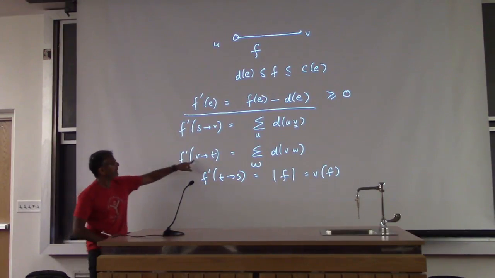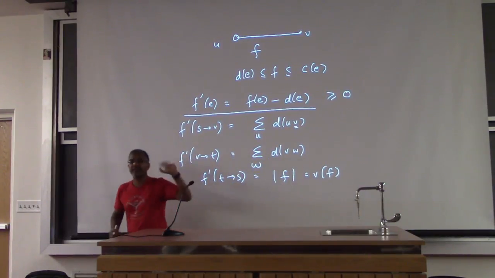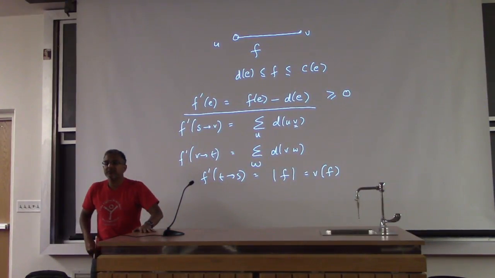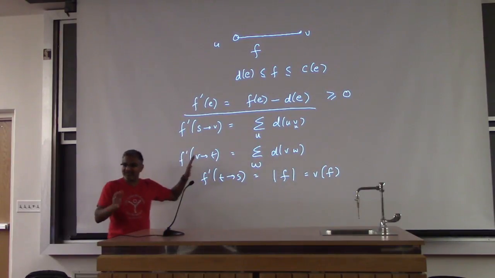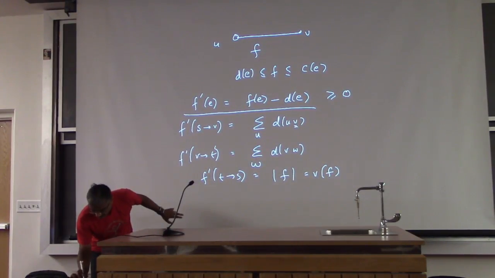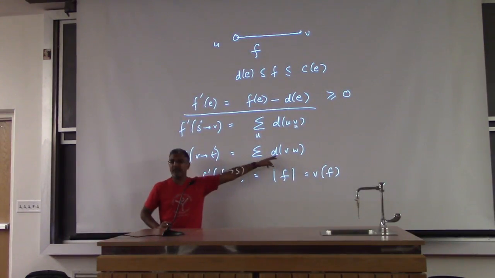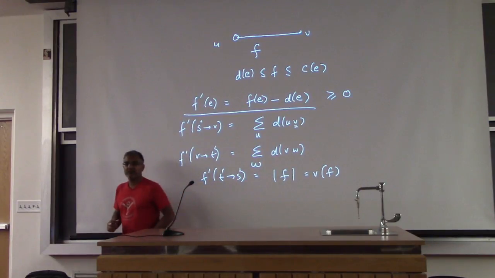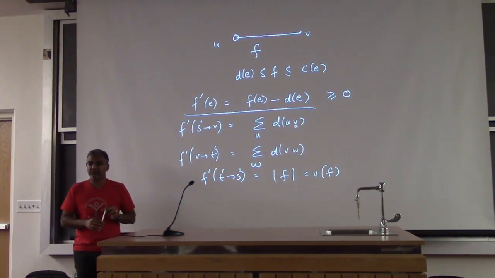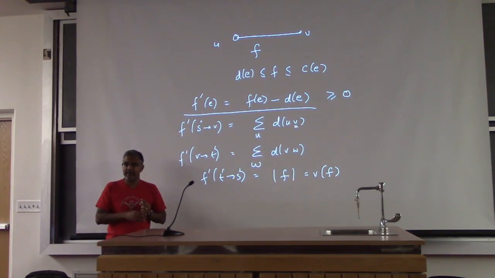It's still V, any vertex V. I could call it U also. This is just for any vertex V: the modified flow from V to T prime is the sum of all the demands here. That's a statement. I have to justify it, but that's what I'm saying. Okay?